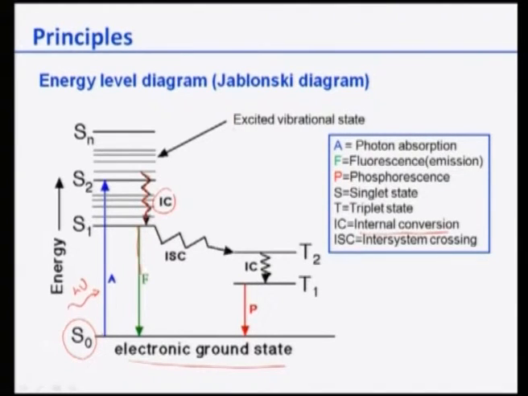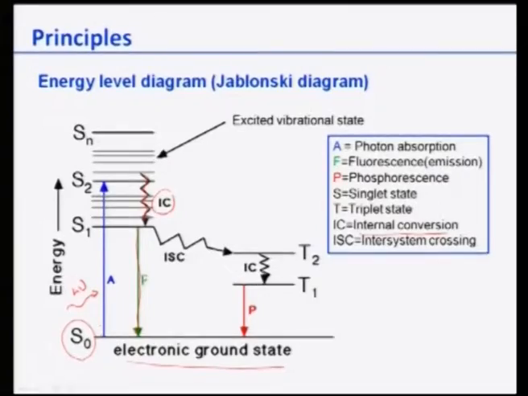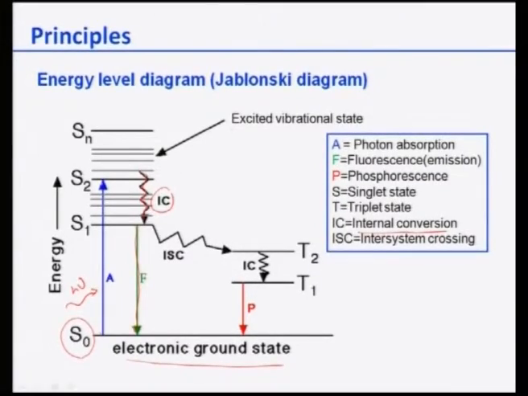And then when it comes back from S1 to S0, it emits certain light, that is what is called fluorescence. As you can understand, initially the electron is excited from S0 to S2, and then it loses certain energy by internal conversion, then the rest of the energy which is available is converted into light.